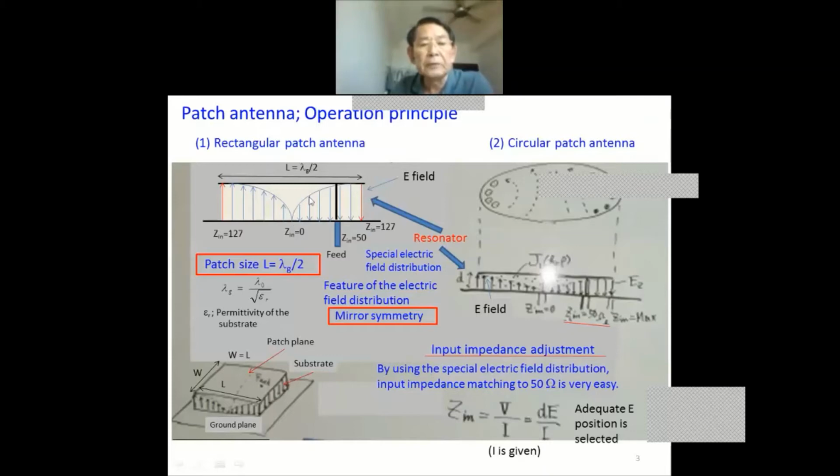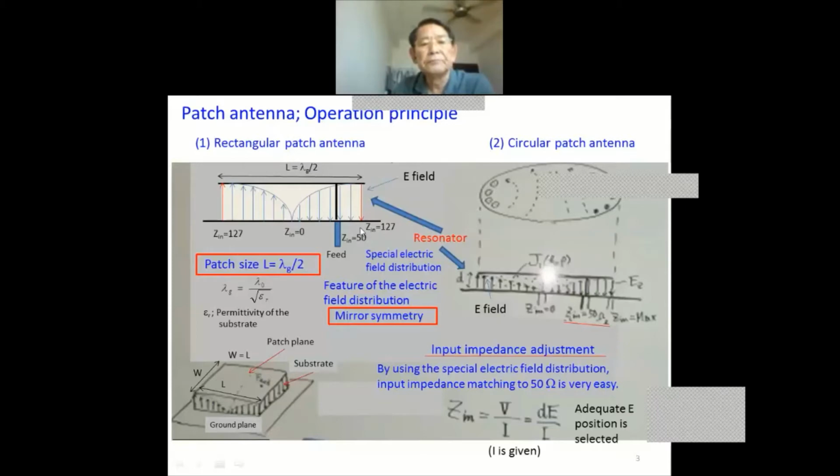At this point, the electric field is 0. This is a symmetric point. So in this equation, if E equals 0, Z in becomes 0. So if we feed at the center point, the input impedance becomes 0.